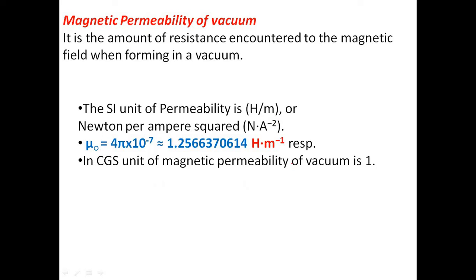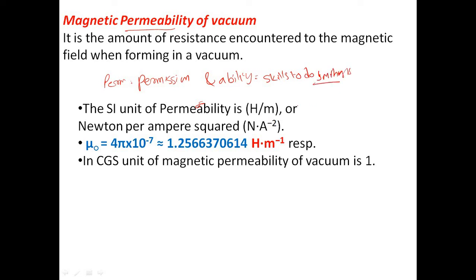The next topic is magnetic permeability. What does permeability mean? If we break this word, per means permission, and ability is the feature or skill to do something.